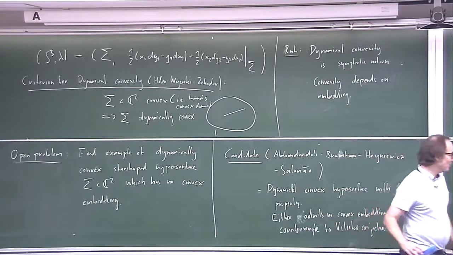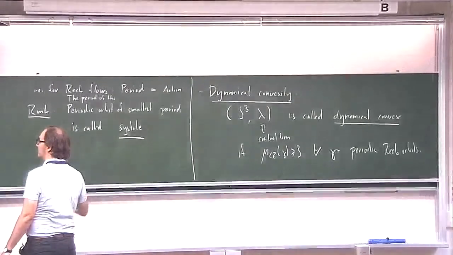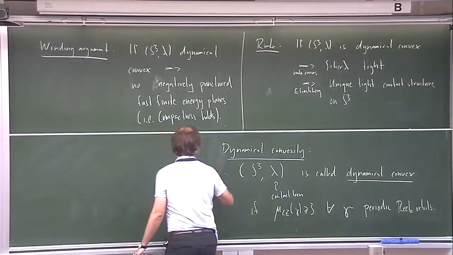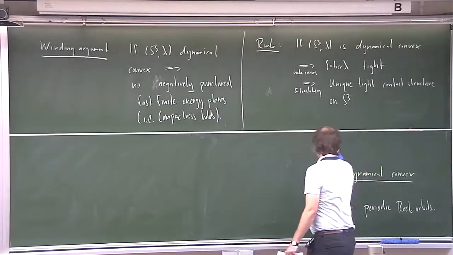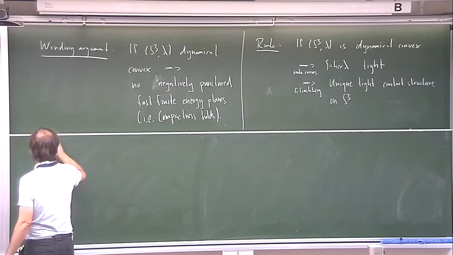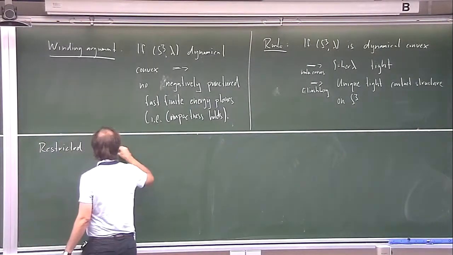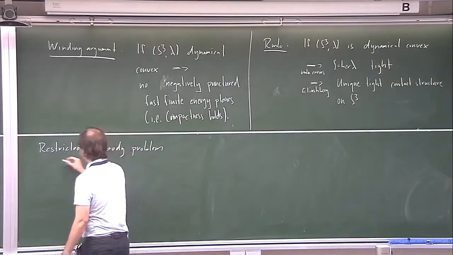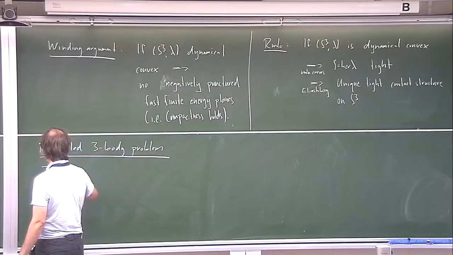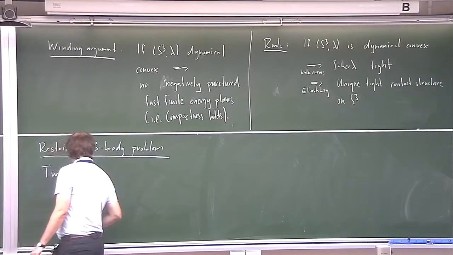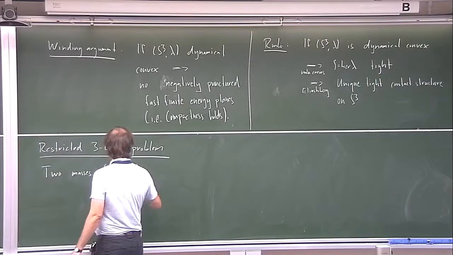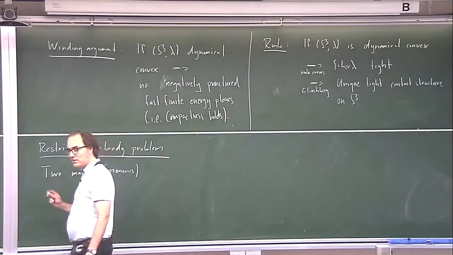Now let's start with the restricted three-body problem. In this problem, you have two masses, which are referred to as the primaries, and you have one massless body.